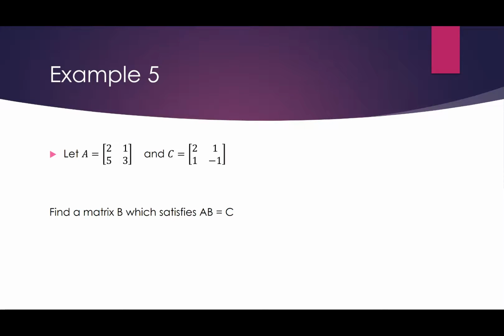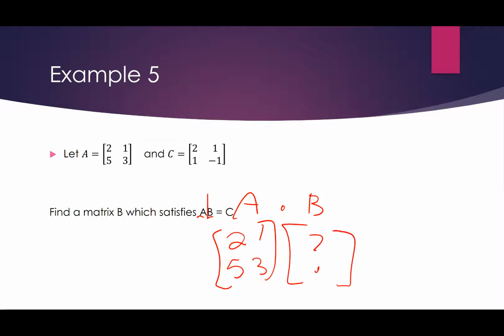All right. Example 5. These are some of the same things. Find a matrix B which satisfies A times B equals C. This is basically the same thing as the last problem. Matrix A is 2, 1, 5, 3. And remember, it's A times B equal to C. So this is A. I'm trying to figure out what matrix B I multiply it with that would end up equaling matrix C, which is 2, 1, 1, negative 1.